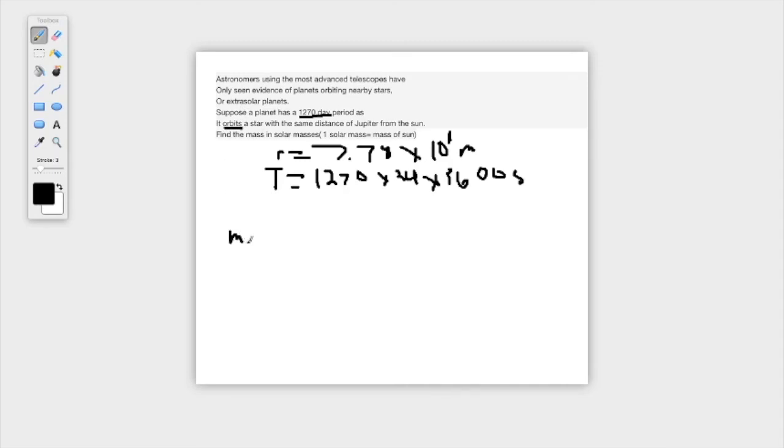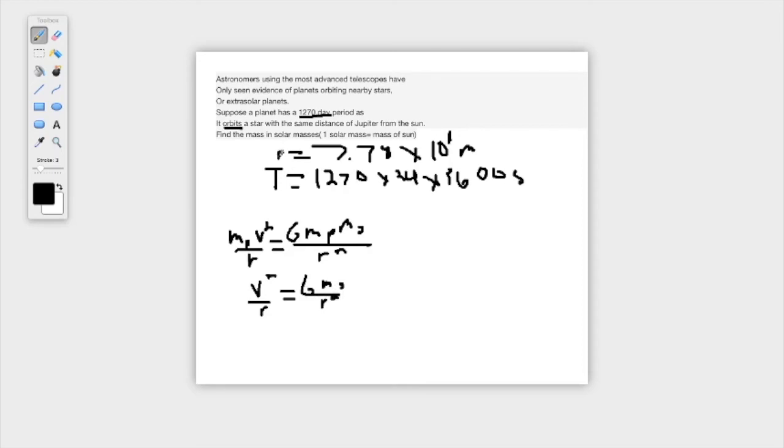So this is the mass of the planet times v squared over r equals g times mass of the planet times mass of the star over r squared. And then the mass of the planet cancels out. So we get v squared over r equals g times mass of the sun over r squared.